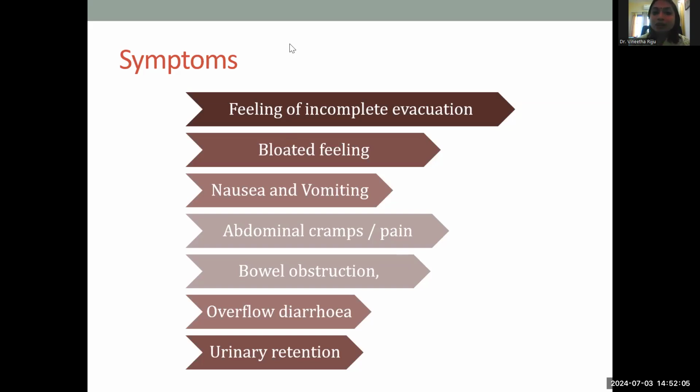Yes, Gaurav says mechanical, Jason says opioids, Raisa says bedridden, lack of activity, Gaurav says functional also, Saumitra says dehydration, yes. Along with the opioids, would you like to add something more?